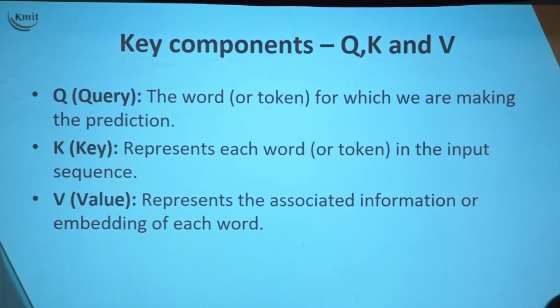So query is the word that you are actually working on. Key is all the tokens that are present inside your vocabulary, and the next one is a value, which is your relevant embedding associated with your word. Clear enough? Q, K and V concept in attention.